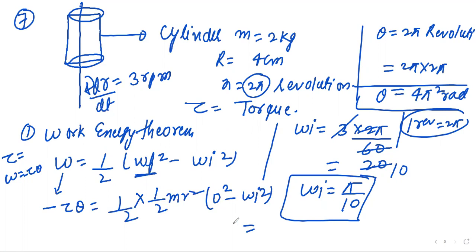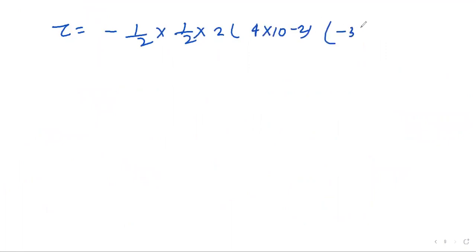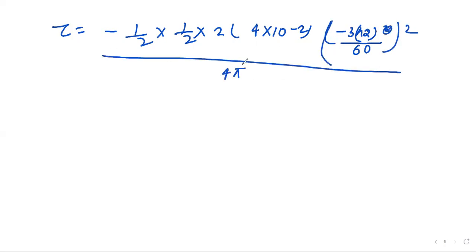So let's see in the next slide. Torque you have to find. So it will be minus of 1 upon 2 into minus of 1 upon 2. M value we know that is 2, and R is 4 into 10 raised to minus 2. That is minus 3, 2 square divided by 60 whole square, divided by 4π.